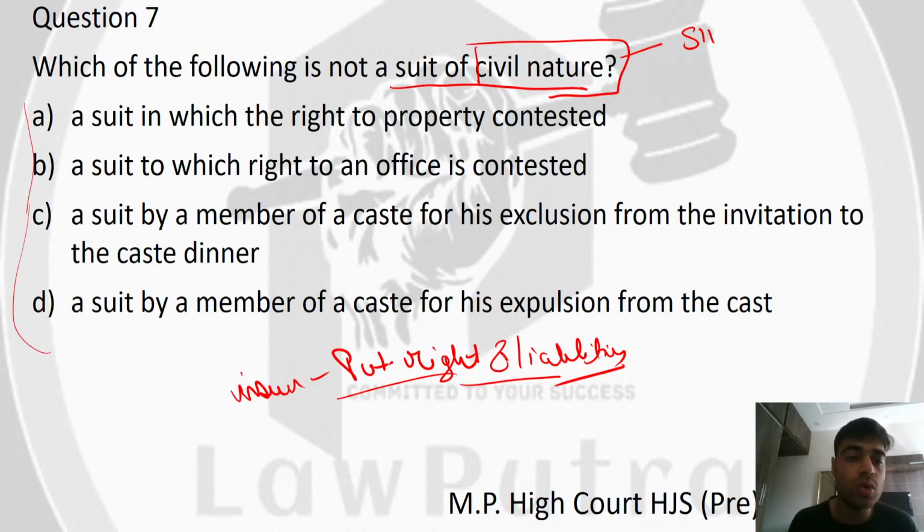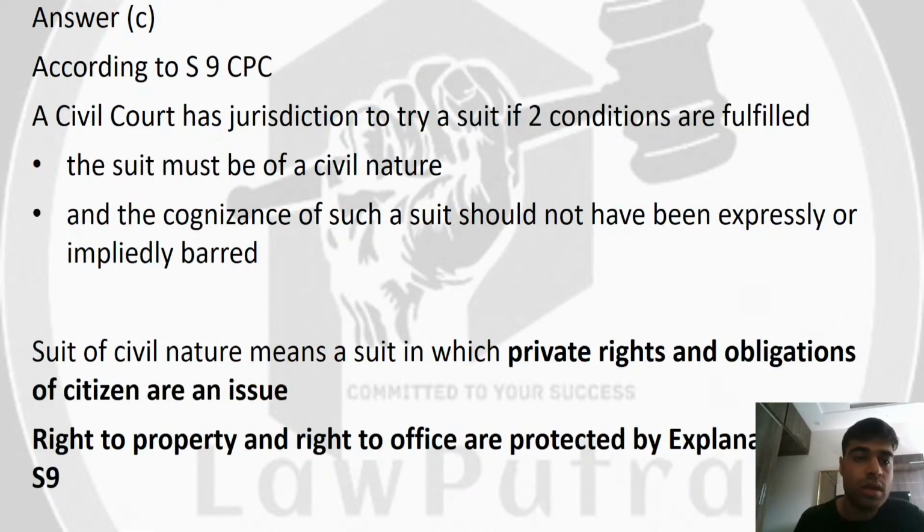In which of these suits do you think that private rights are involved? As I told you, this is very important because of section 11, which is for res judicata. A civil court has jurisdiction to try a suit if two conditions are fulfilled: the suit must be of civil nature, and the cognizance of such a suit should not be expressly or impliedly barred.